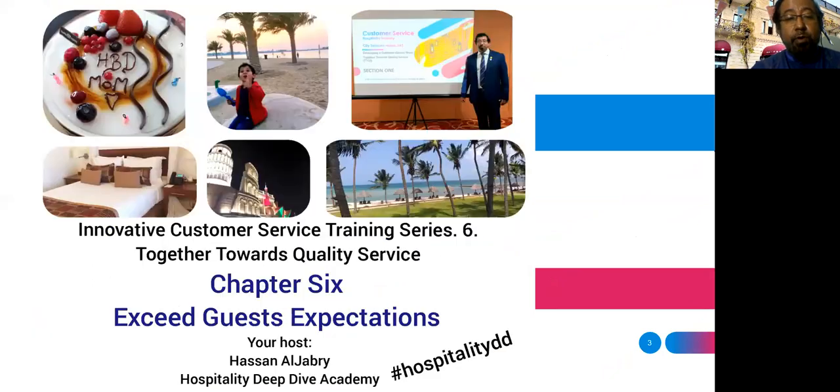Now today, we're going to learn about exceeding the guest expectation. So we already know where they're coming from with their experiences, and from each one of these 4Es of the experience economy, we identified different kinds of guests when they come to visit us. Chapter 6, we're going to learn to exceed guest expectation.